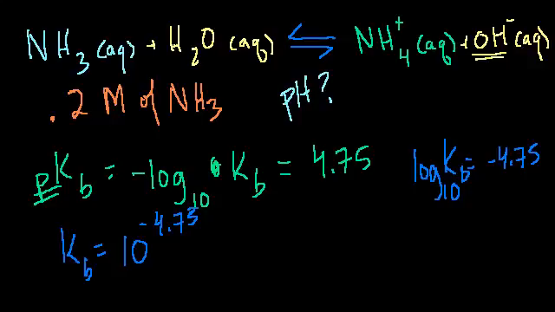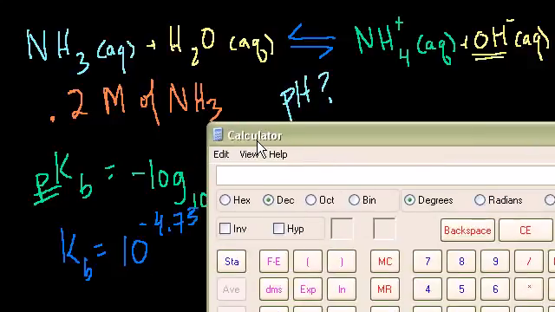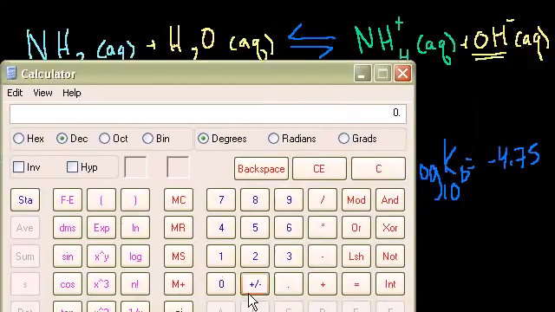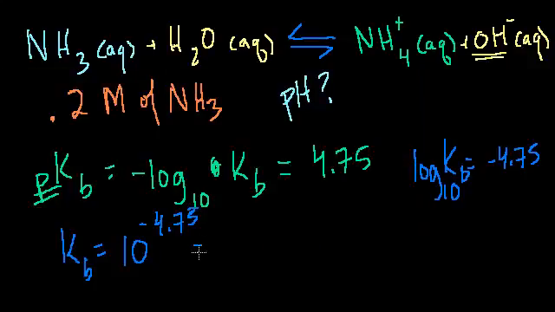That's not an easy exponent to figure out in your head, so I'll bring out the calculator for that. If we take 10 to the minus 4.75, it equals 1.7, let's just say 1.8 times 10 to the negative 5. This is equal to 1.8 times 10 to the minus 5.